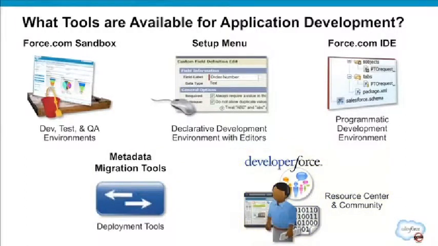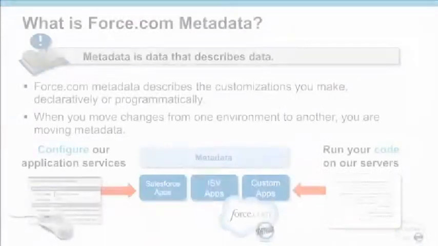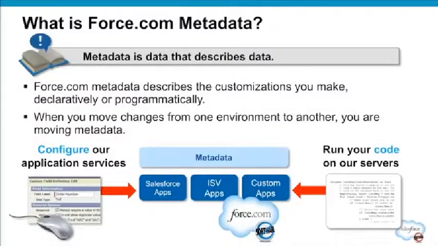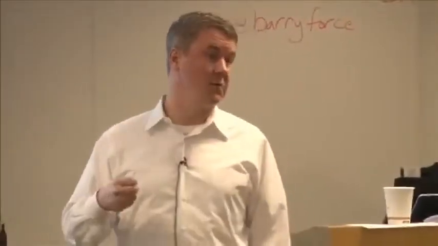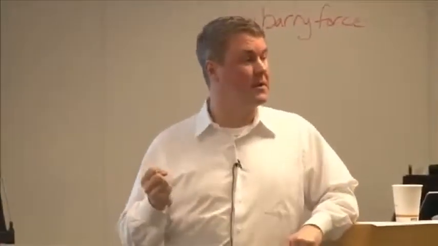So one of the key advantages of Salesforce's development platform is we have something called the Metadata API. And the Metadata API is the mechanism that we use to publish definitions of your customizations that you've created for your Force.com applications. Whether it be things like standard objects or page layouts, or custom objects or custom Apex classes, or what have you.